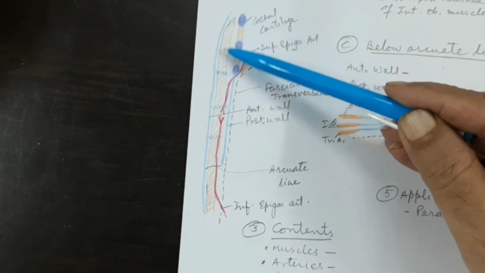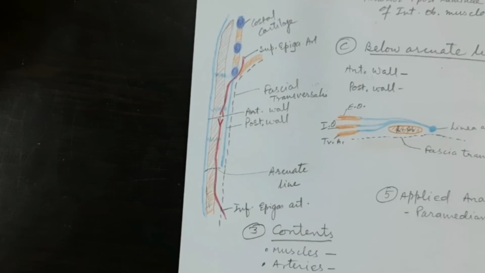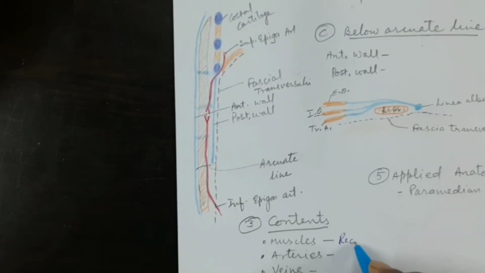The sheath is formed just to enclose this muscle, extending from the pubic symphysis to the xiphoid process and up to the fifth costal cartilage. So the first content is the rectus abdominis muscle.